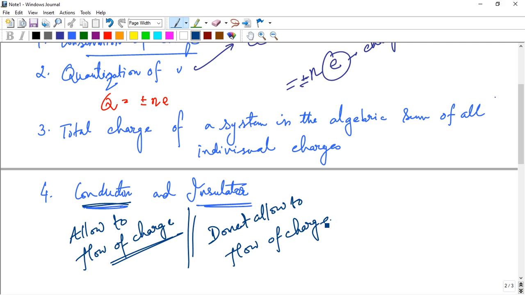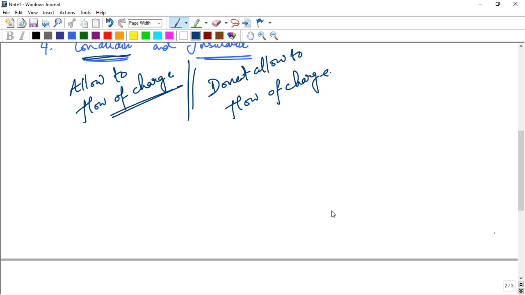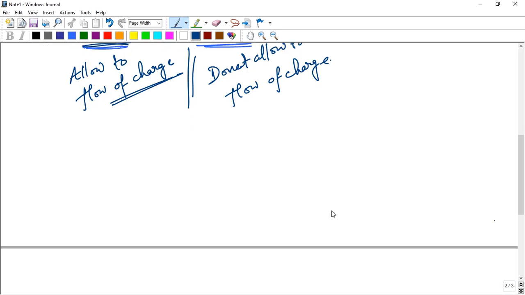Okay, those are the basic properties of charges. Now the next important point in this chapter is Coulomb's law. Coulomb's law describes the force of attraction or repulsion between two stationary point charges.